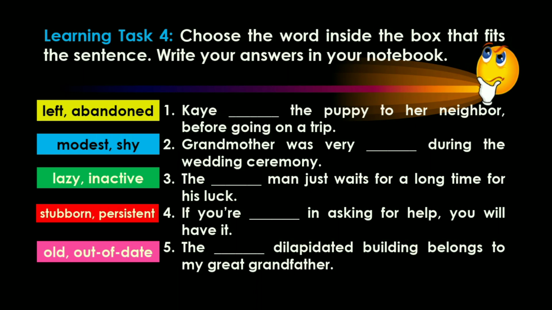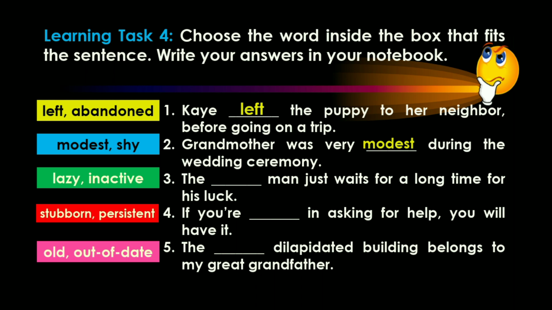Learning task number 4. In this learning task, you're going to choose the word inside a box that fits the sentence. Write your answers in your notebook. Kay blank the puppy to her neighbor before going on a trip. The answer is left. Grandmother was very blank during the wedding ceremony. The answer is modest. 3.